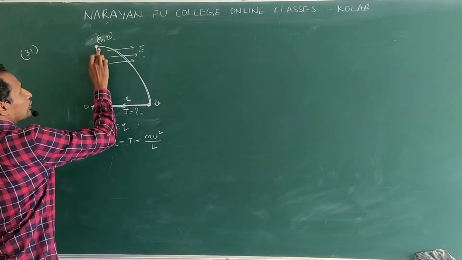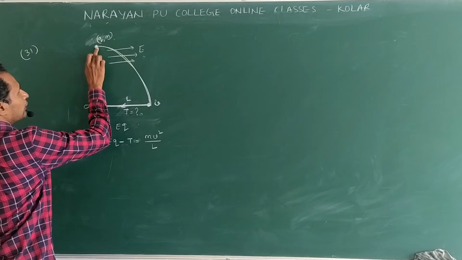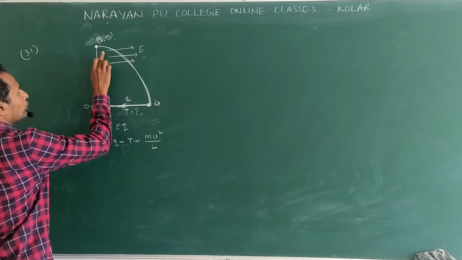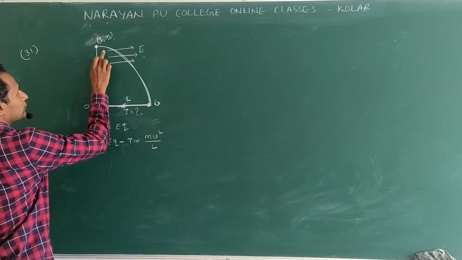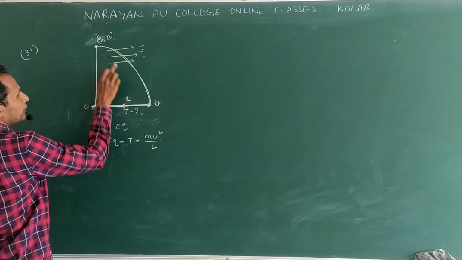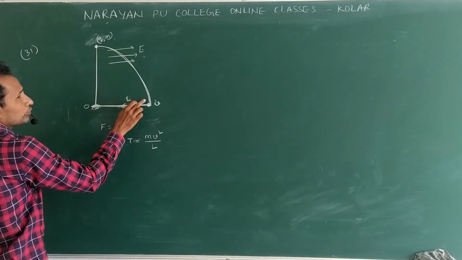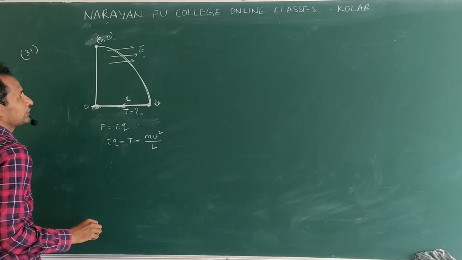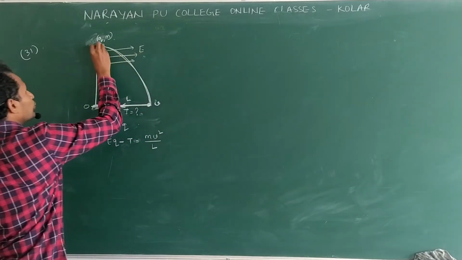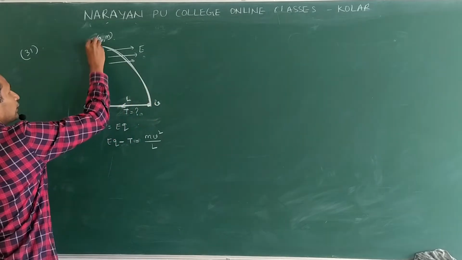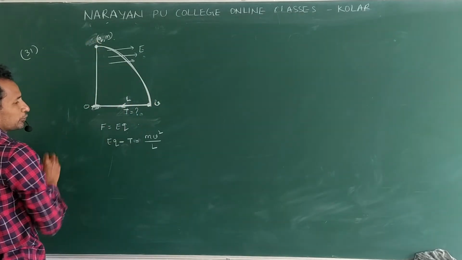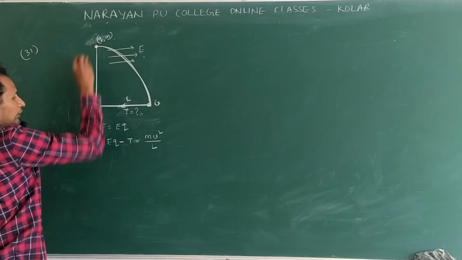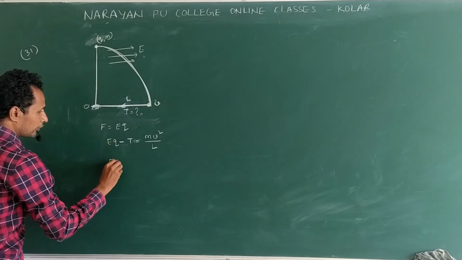Or we will follow another method. Change in potential energy is equal to kinetic energy, or work done is equal to kinetic energy. What is the work done to move the charge from here to here? The force acting is EQ.